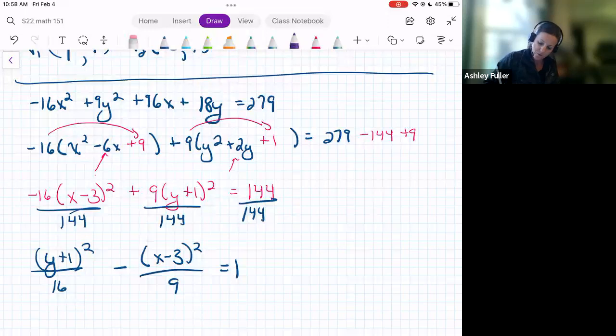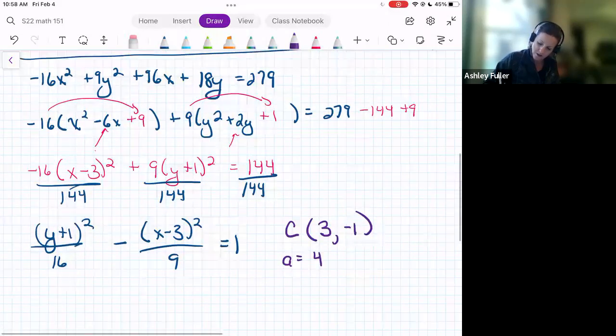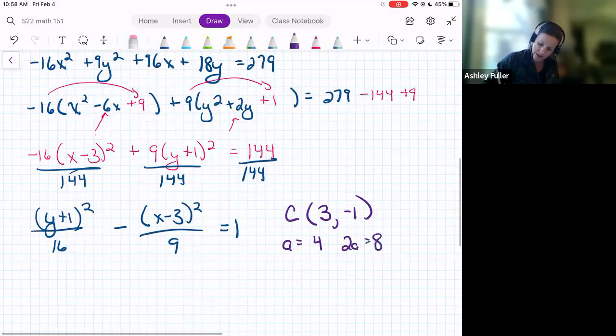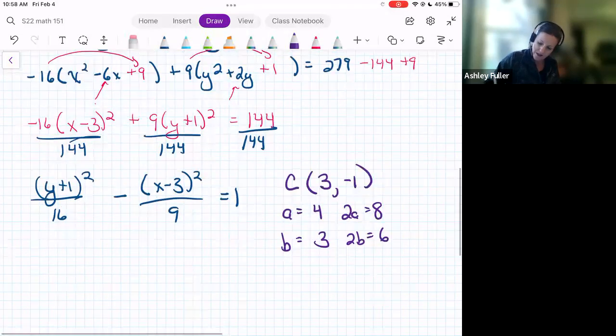From this form now, we can glean our information that the center is going to be (3, negative 1). Our a value is going to be 4, which results in a 2a value of 8. Our b value is going to be 3, which gives us a 2b value of 6. And our c value is the square root of a squared plus b squared, which comes out to be 5.